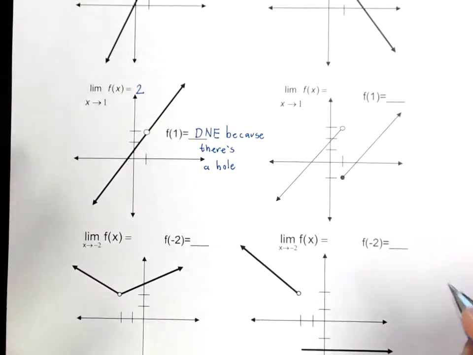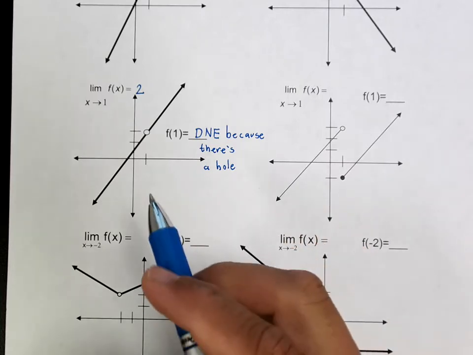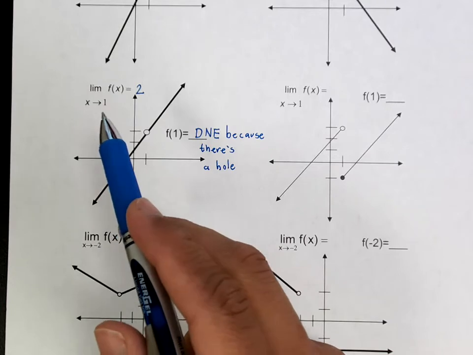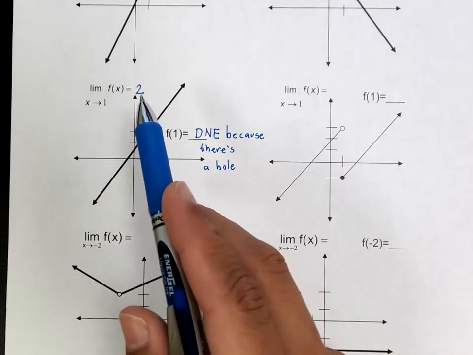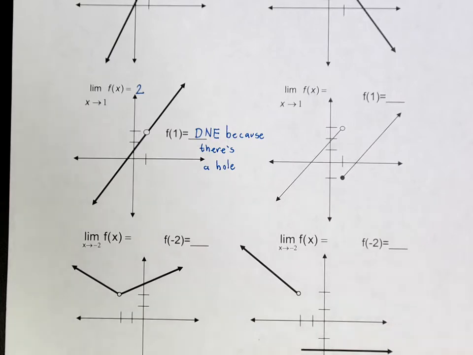As you approach from the left and from the right, you're approaching the y value 2. Notice that this is a little bit strange because you don't have a y value there, but you are approaching y value 2 with the limit. That's the weird part. You can have a limit if there's a hole.